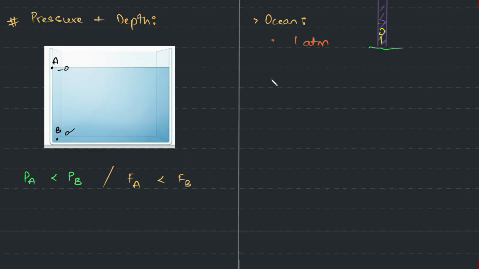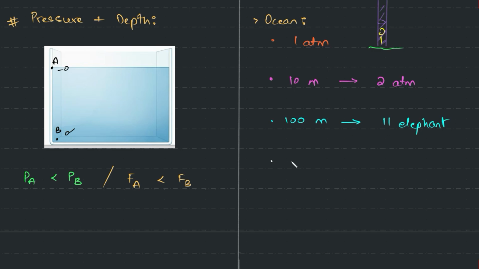If you dive deeper, say 10 meters deep in the ocean, this value will change to 2 atmospheres. If you dive to 100 meters, it will change to some larger value, and that is as if you have 11 elephants sitting on you.